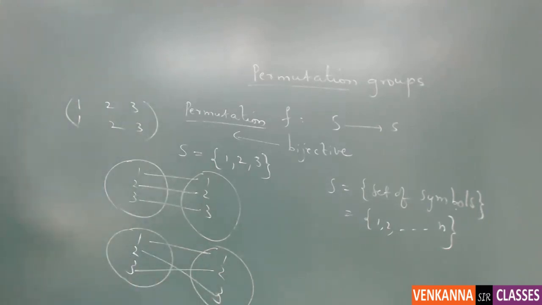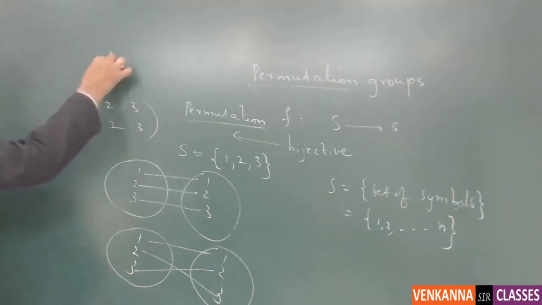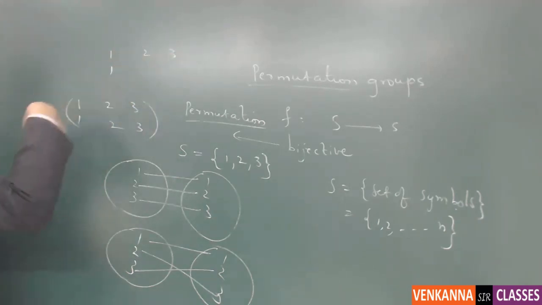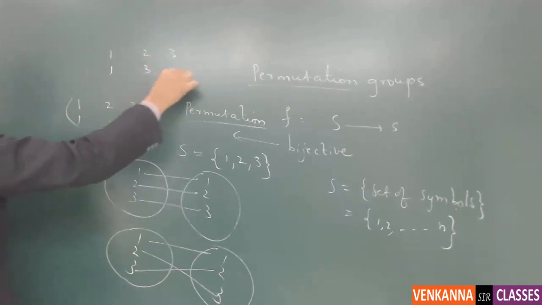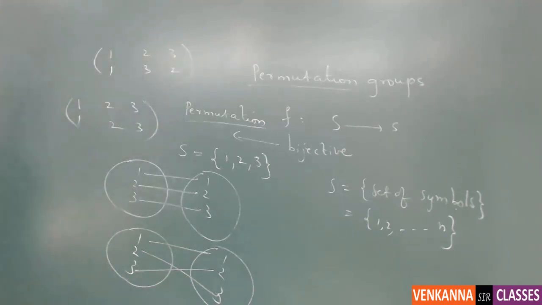That also you can do, isn't it? Yes or no? So we can write it as 1, 2, 3 on top, with 1 paired with 1, 2 with 3, 3 with 2. This is also a permutation. So did you get the idea of how we define a permutation?